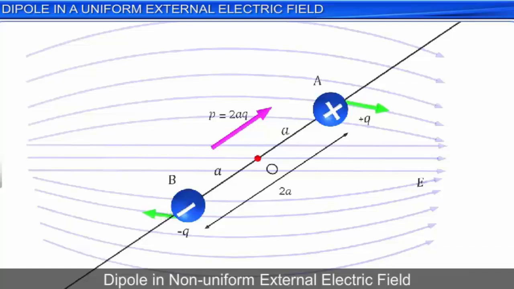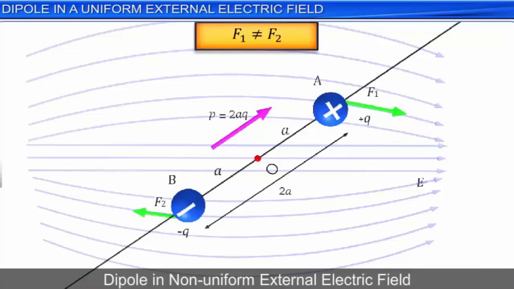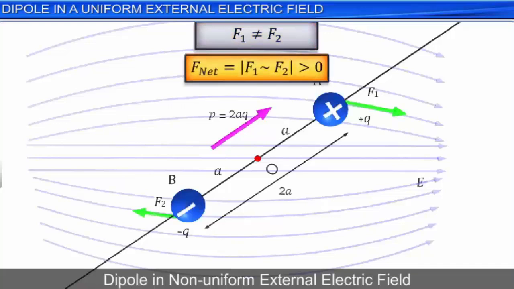Each experiences a force of unequal magnitude, say F1 on +Q and F2 on -Q, in different directions depending on the direction of the electric field strength at their respective locations. Hence, there is a net force on the dipole.